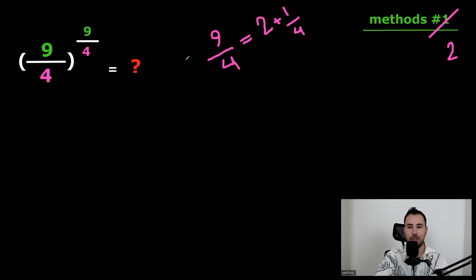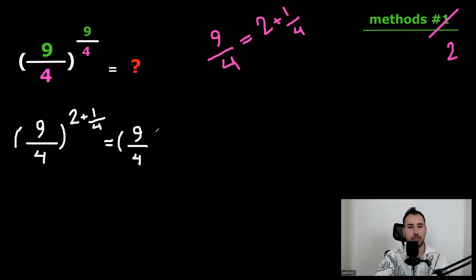So it will be 9 over 4, all of them to the power of 2 plus 1 over 4. Okay, so I am allowed to write it as 9 over 4 to the power of 2, first, this one to the second power, plus 9 over 4 to the power of 1 over 4. Okay.